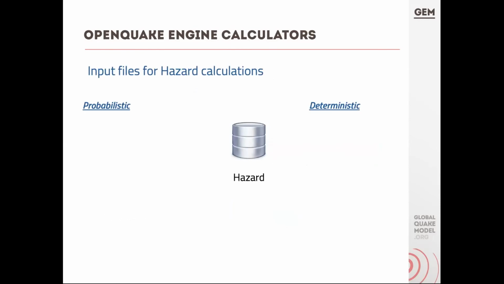So for hazard, which are the input data required by OpenQuake? Did anyone ask why, when you were running the hazard, we were selecting a job? What does it mean, job? Some of you have already used OpenQuake in the command line. In OpenQuake jargon, a job is the configuration file.